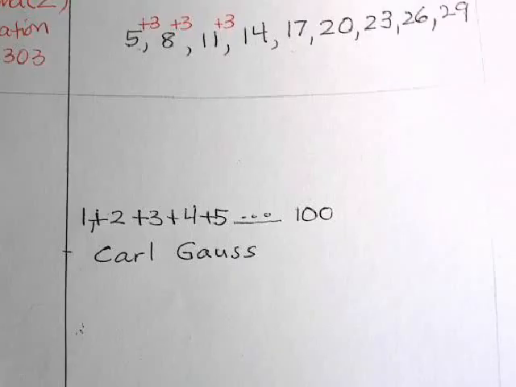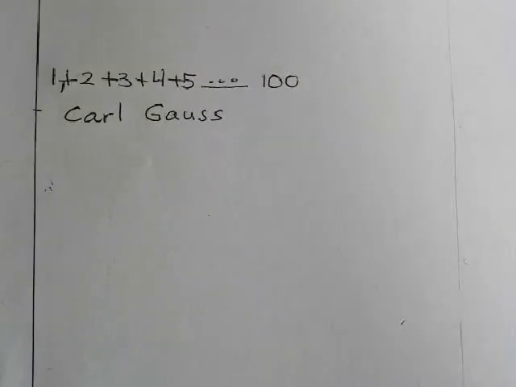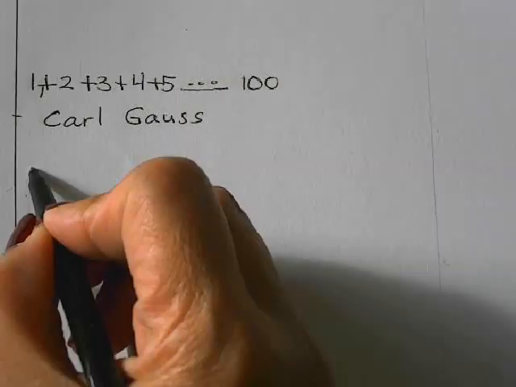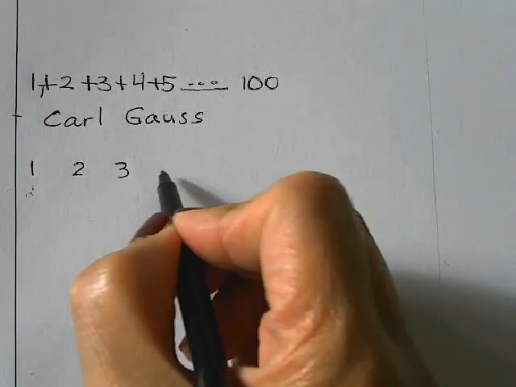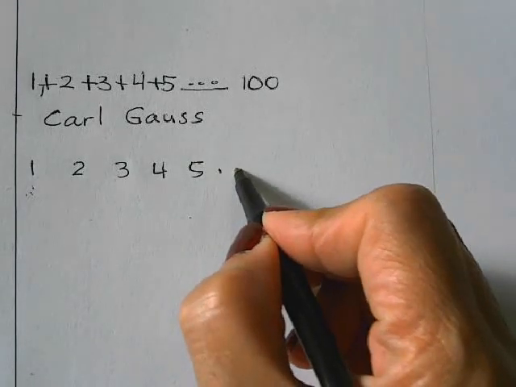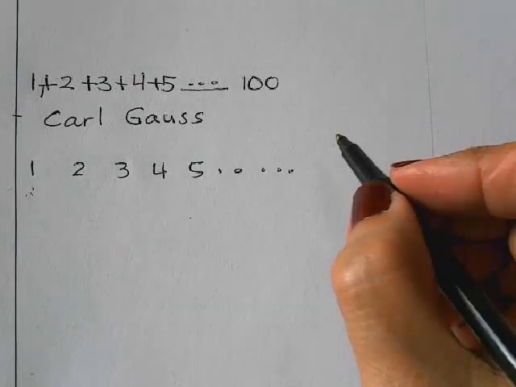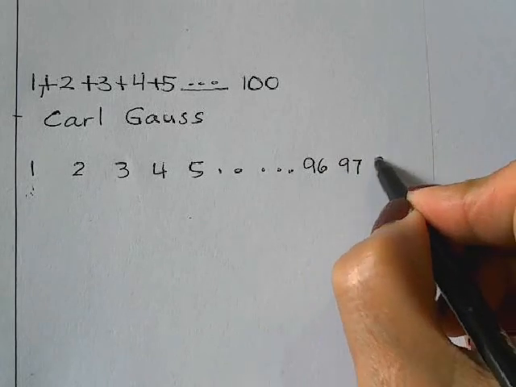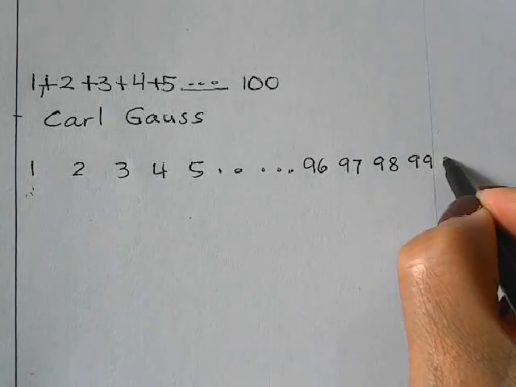But Gauss, being a math genius, did not see things the way we do. We are going to add 1, 2, 3, 4, 5, all the way to 96, 97, 98, 99, and 100.